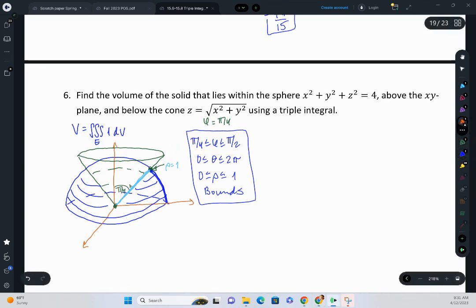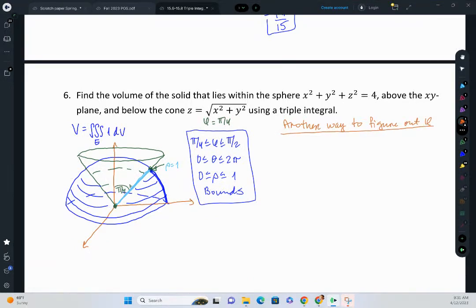And I should probably just go over that really quick. So another way to figure out phi. Now remember, we already got phi using some logic, but we want an algebraic way as well.